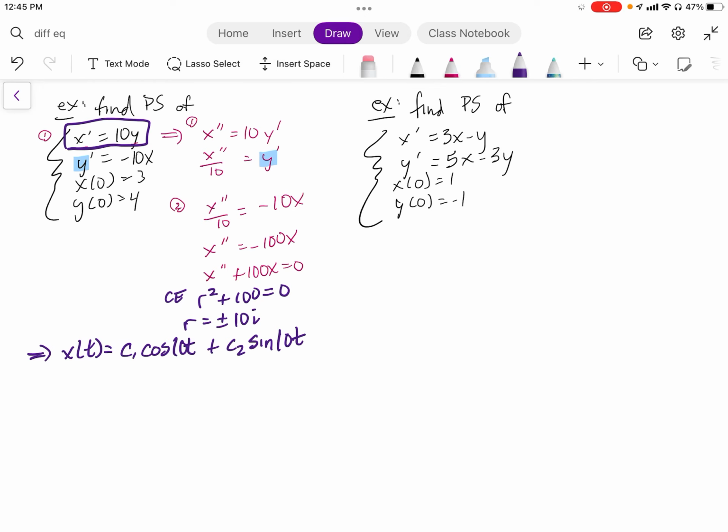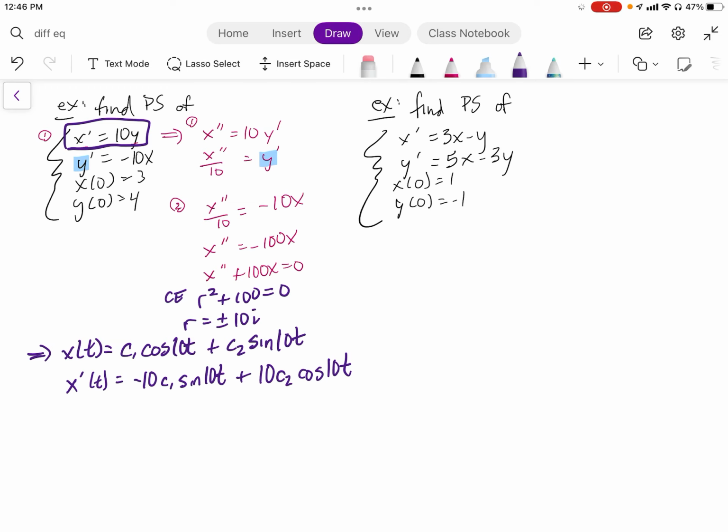So therefore I need x prime. The derivative of cosine 10t, that is negative 10 c1 sine 10t. And the derivative of sine 10t is 10 cosine, so plus 10 c2 cosine 10t.